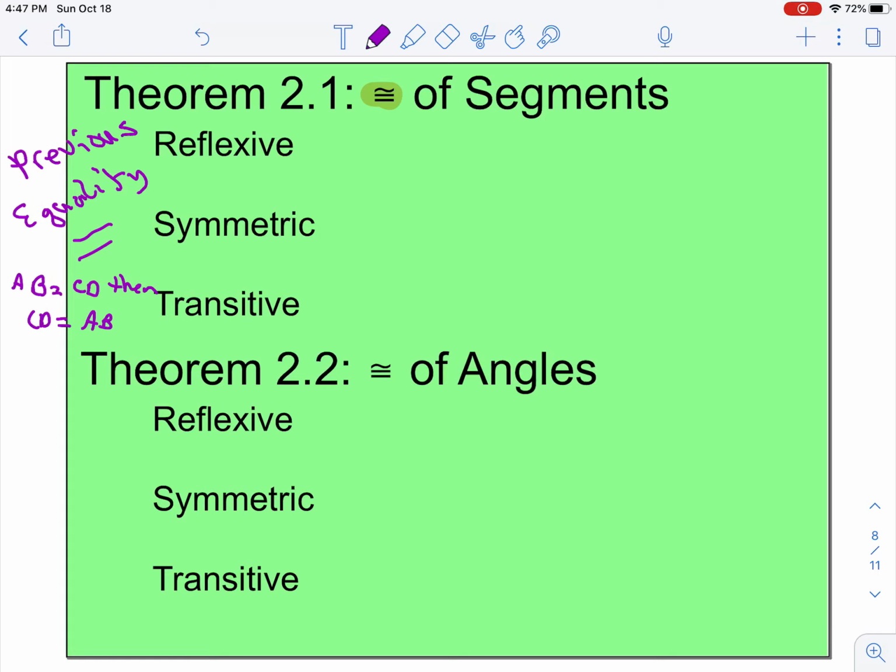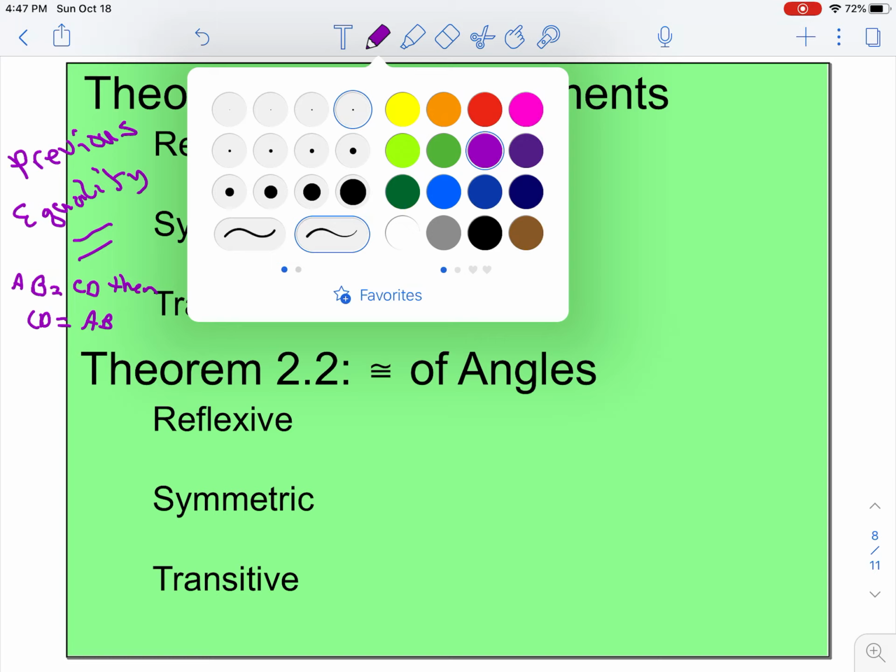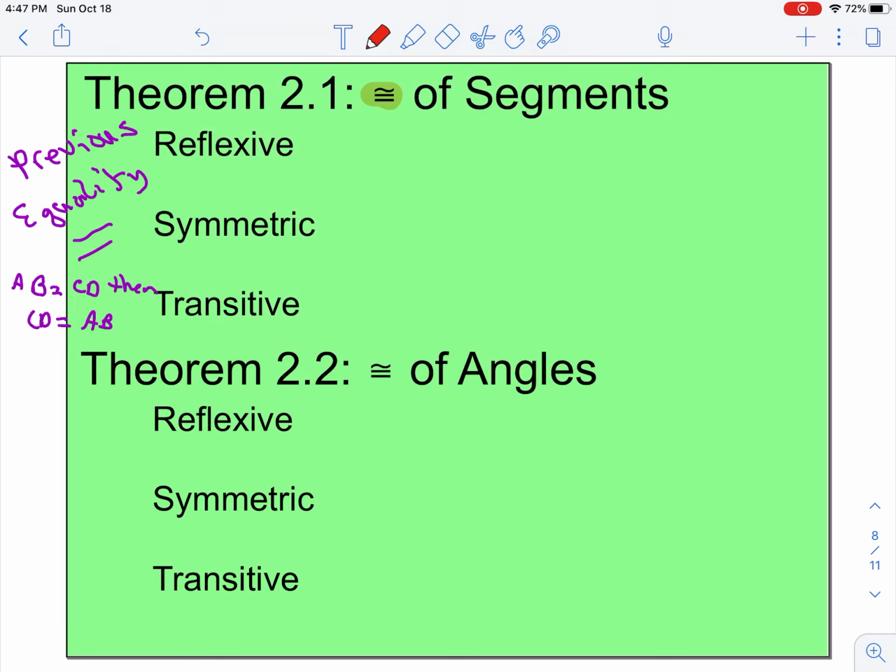But now what we're going to be working on is showing congruence instead. For example, for the reflexive property, we would say that segment AB, so we have that physical line over it, is congruent to segment AB. It is itself. It's like a mirror image, remember?